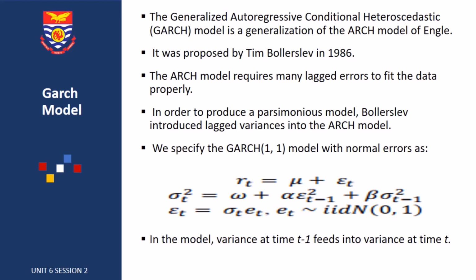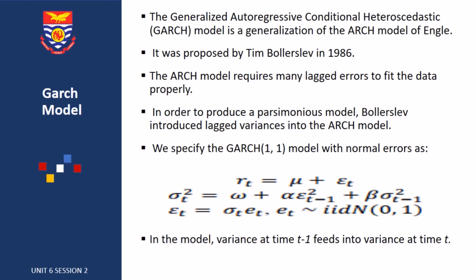It was developed to cater for the issue of parsimony in the ARCH model. The GARCH model is a statistical model used in analyzing time series data where the variance of the error term is believed to be serially correlated.